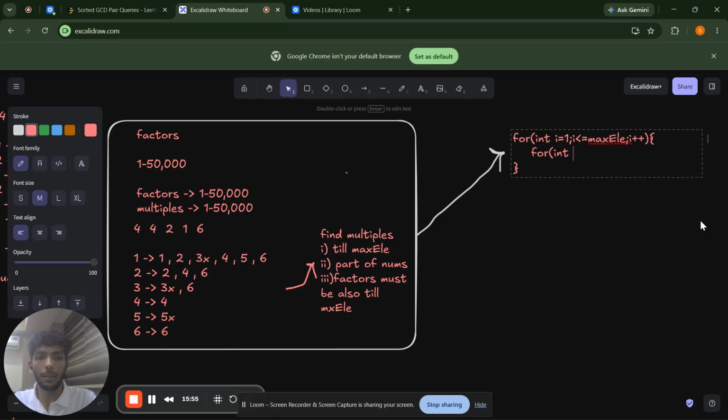For int j equals i star 2, j less than or equal to max element, j plus equals i. So this is a method to find multiples of i. Suppose i is 5.